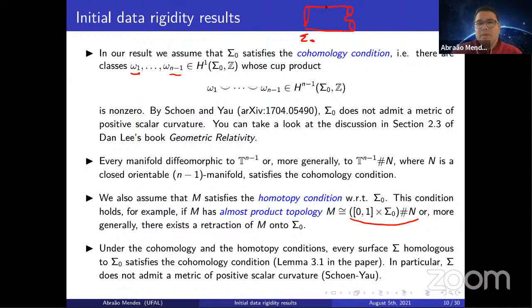And if sigma is a hypersurface homologous to sigma naught, and sigma naught satisfies the cohomology condition, and M satisfies the homotopic condition with respect to sigma naught, then sigma also satisfies the cohomology condition. In particular, sigma doesn't admit a metric of positive scalar curvature.